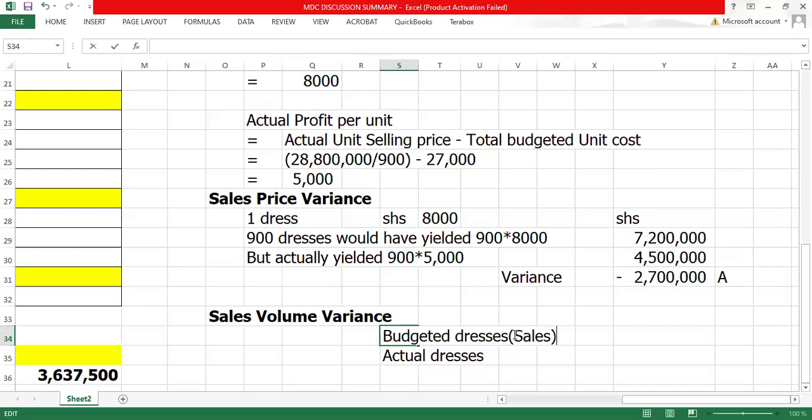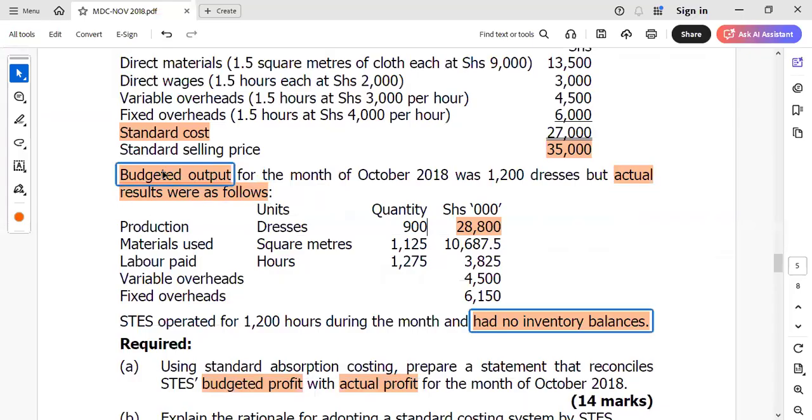These are sales units, budgeted sales units. The company had budgeted to sell how many dresses? According to the budget, the output for the month of October was 1,200.